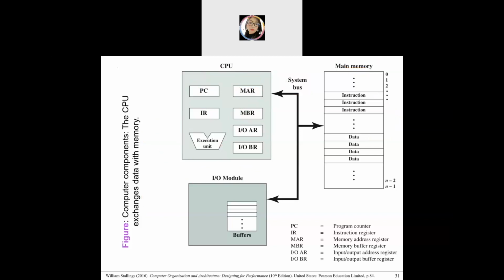Last time you saw only three things under the CPU: ALU, register, and CU. But when you go deeper and deeper, you can see, oh, actually it's a lot. This one is just one thing.